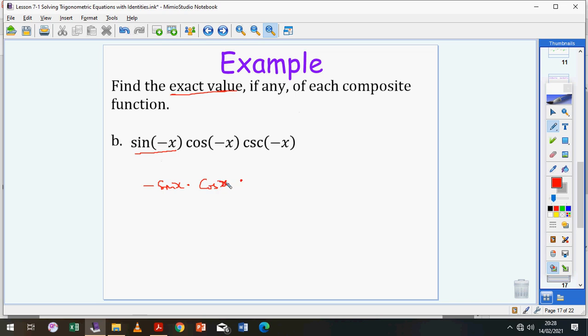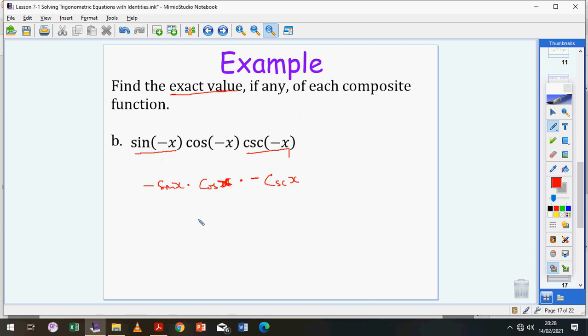In the beginning, you'll have to go back and forth checking what these things are, but eventually with time you get used to it. Cosecant of negative x, I know again that this is an odd function, so it's the same thing as negative cosecant of x. I got it right this time.